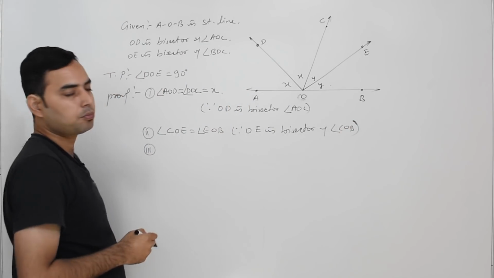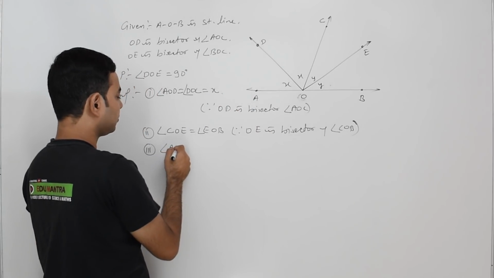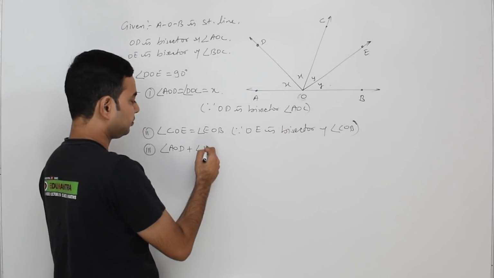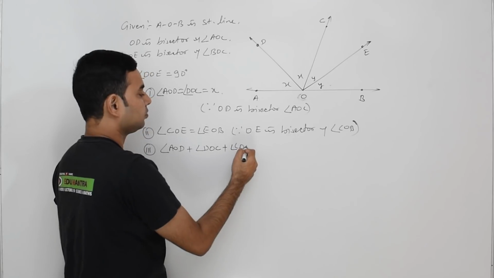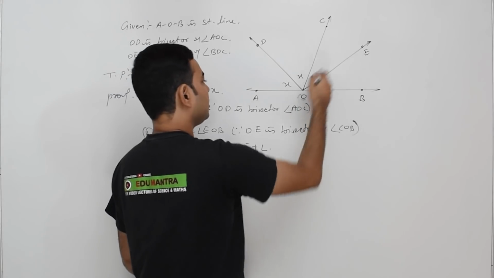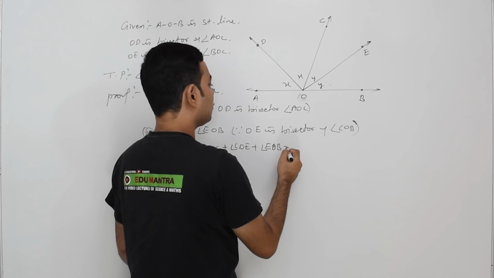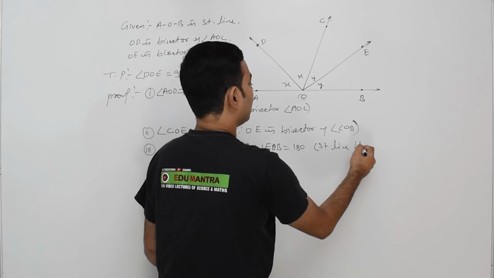Now in the third point, angle AOD plus angle DOC plus angle COE plus angle EOB equals 180, because it forms straight line angles.